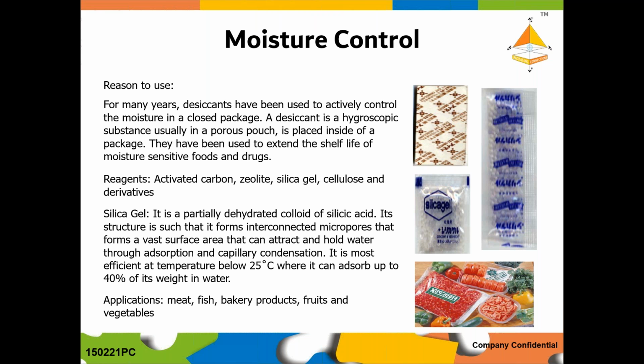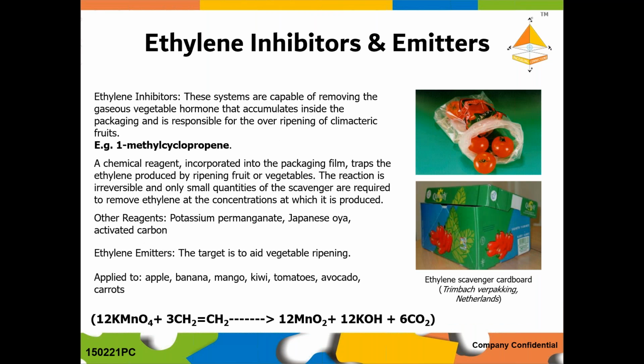So that is also a kind of modifying the atmosphere. Ethylene inhibitors: when fruits and vegetables emit ethylene gas, these systems will remove the ethylene and slow the process and maintain the color.